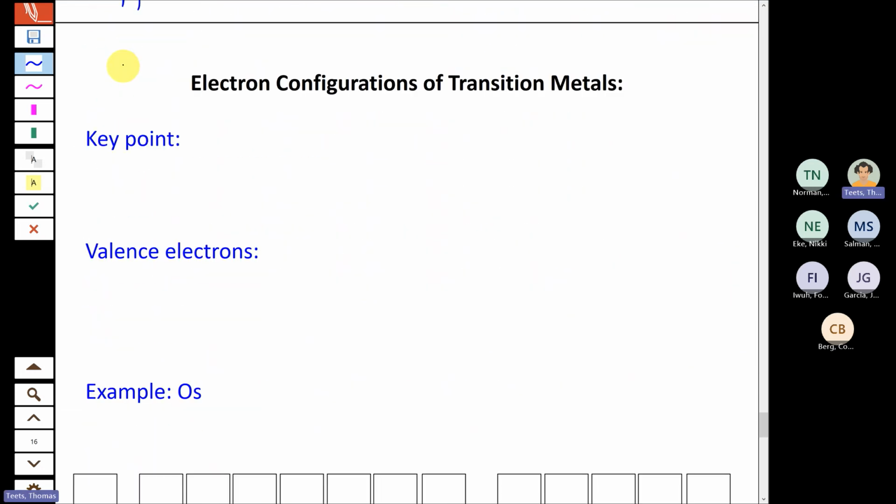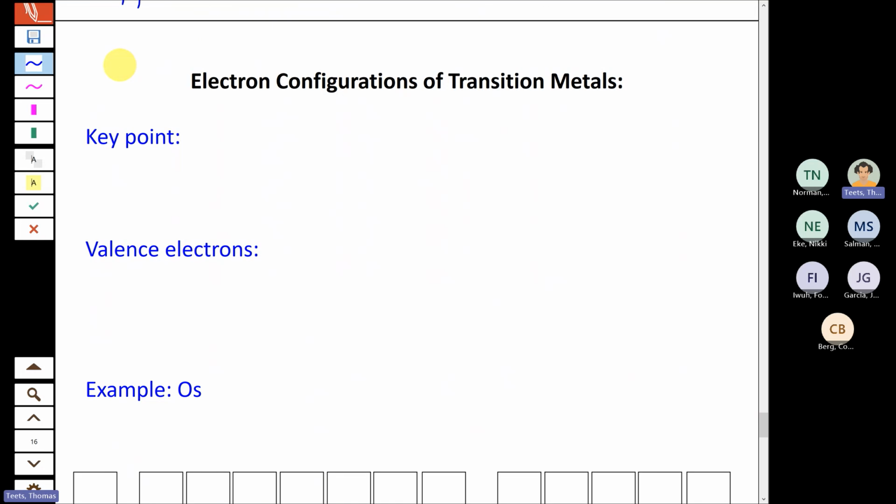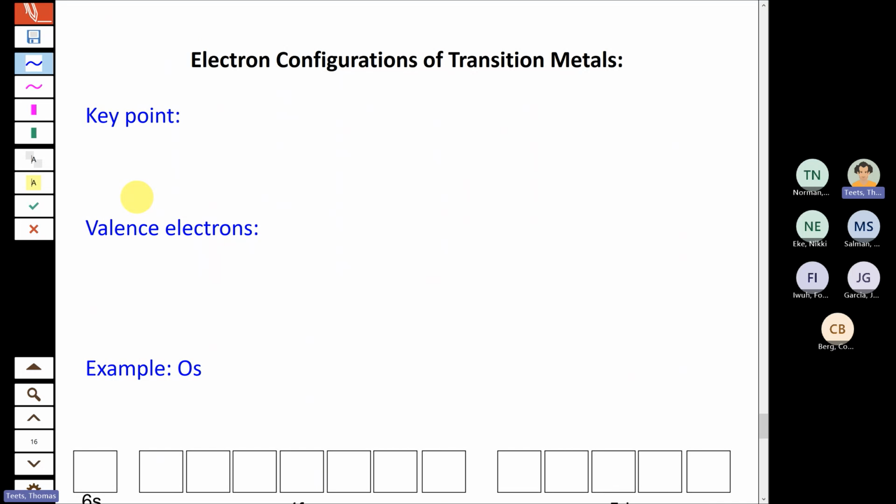All right, we're going to do an example now with the transition metals, and talk about some of the differences here. You can still follow the exact same approach, and you still should, which is using the periodic table to get you from the beginning point all the way to where the element is and moving through the different subshells.